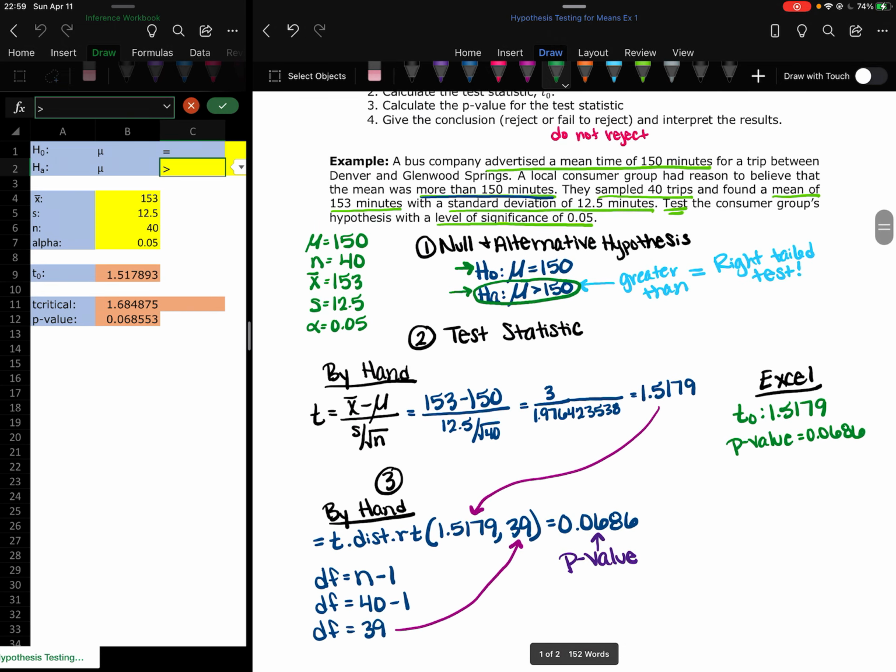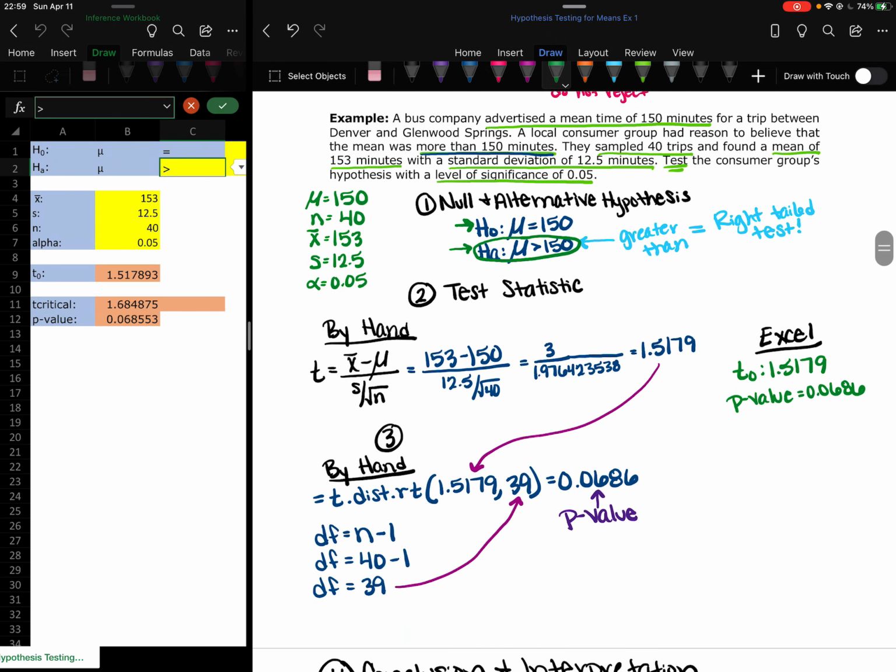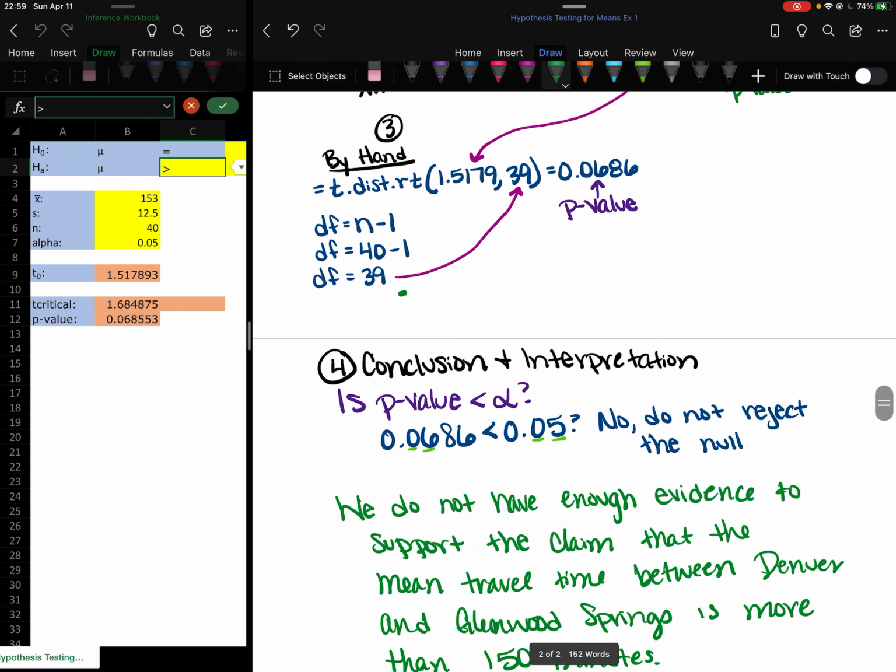So to recap really quickly, because this was the first one we did, we identified all the important pieces of information. We wrote the null and the alternative hypothesis. We calculated the test statistic. You can do it by hand or you can do it in Excel. We calculated the p-value. Again, you can do it by hand or in Excel.